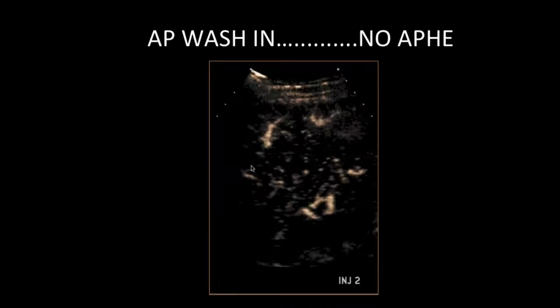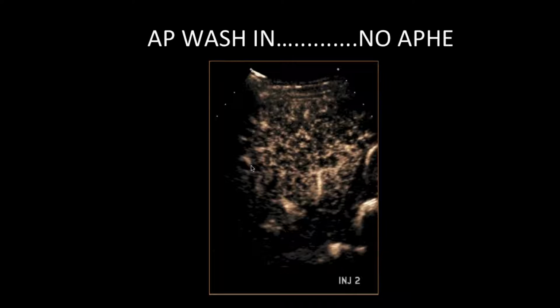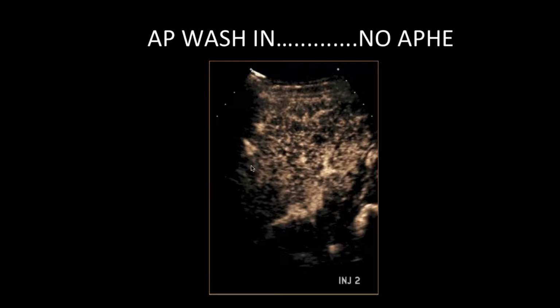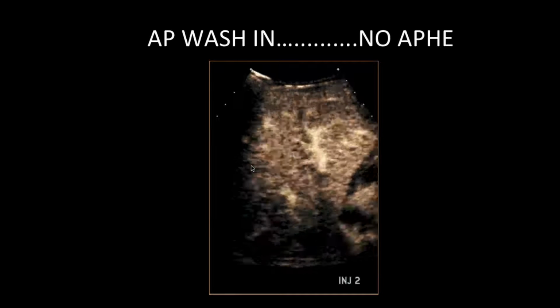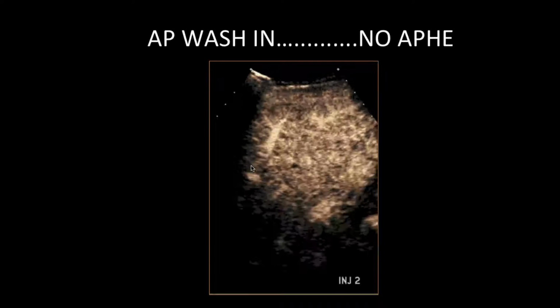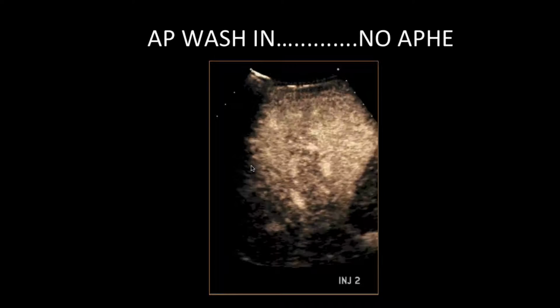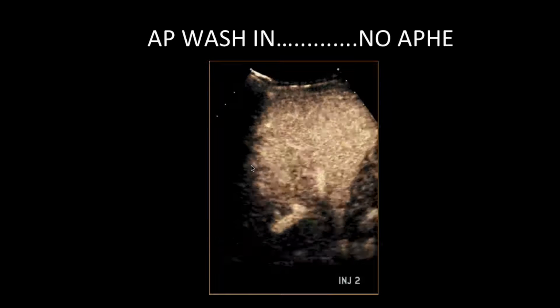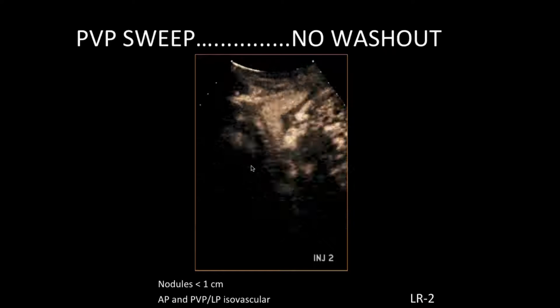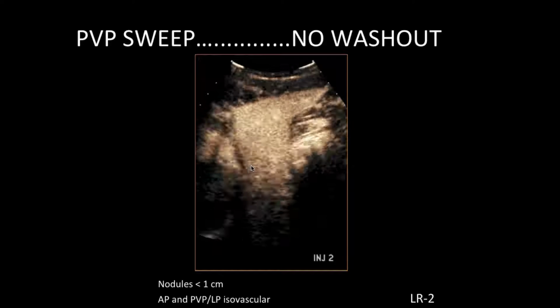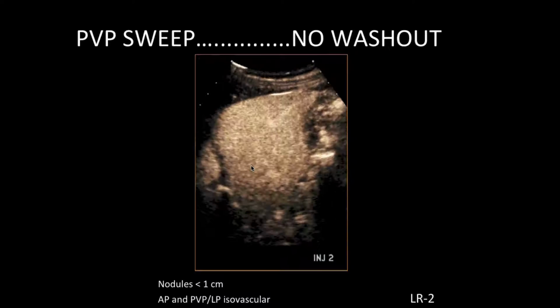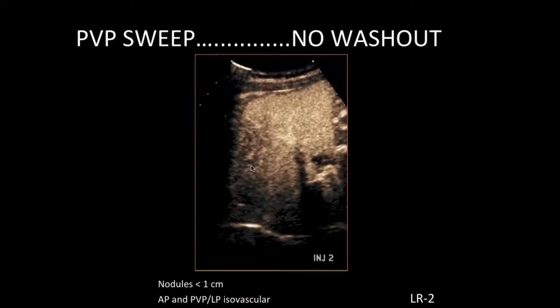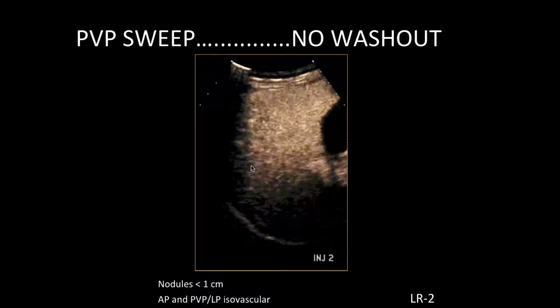Well, when we inject the contrast, there were obviously nodules everywhere. We can see that with the arterial phase wash-in of the contrast, the enhancement is very uniform, that there are no foci of arterial phase hypervascularity. And so this is against there being concerning lesions. Then again, we do portal venous phase sweeps regularly, but intermittently throughout the portal venous phase.